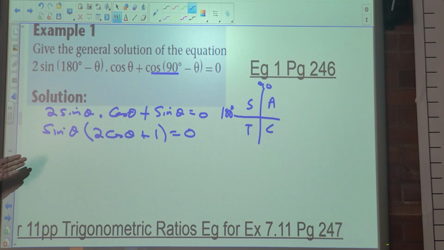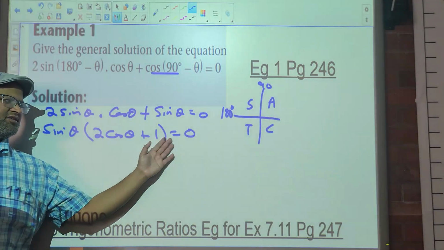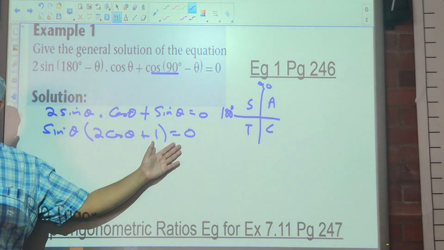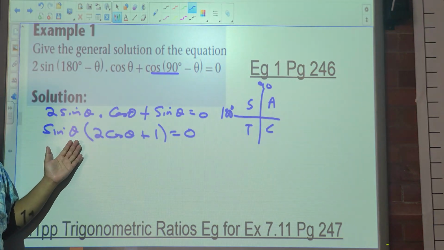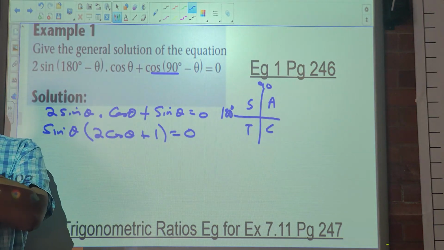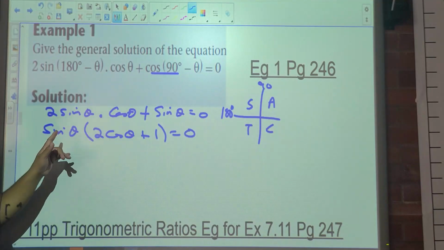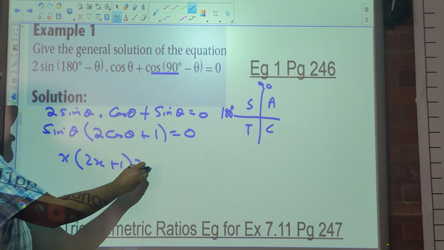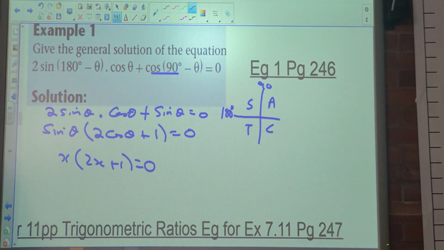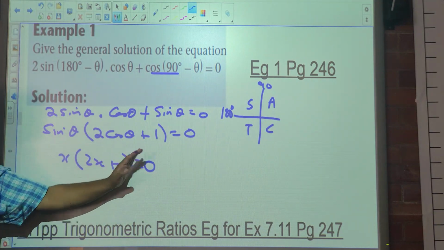Now what do we do? If we have x times (2x plus 1) is equal to 0, and the question wants us to solve for x, what do we do? x is equal to 0 or 2x plus 1 is equal to 0.